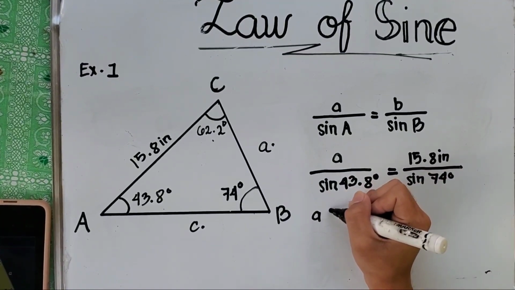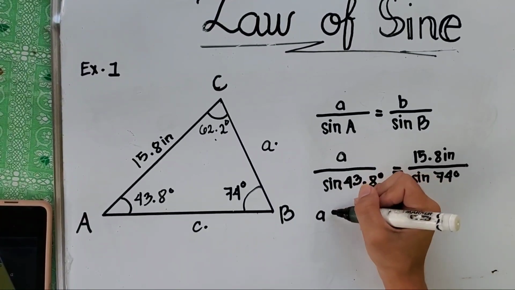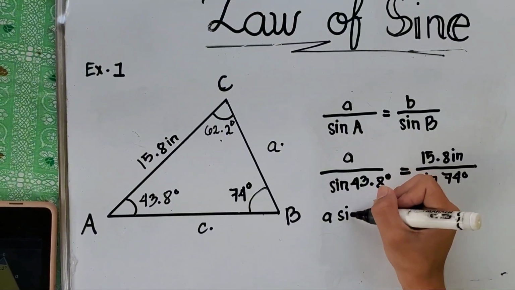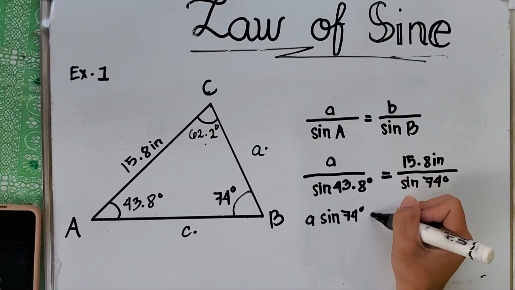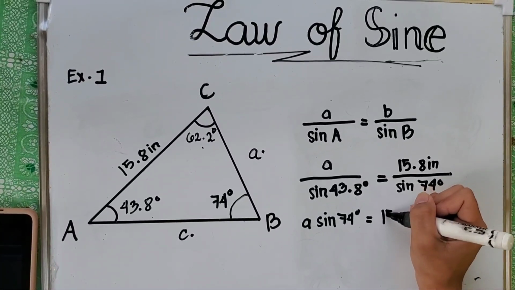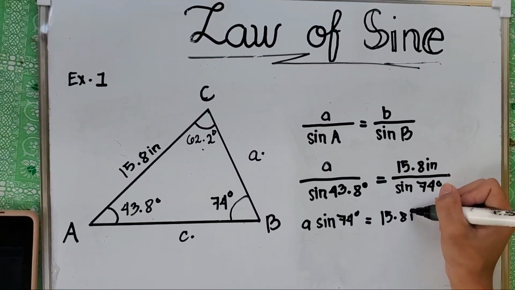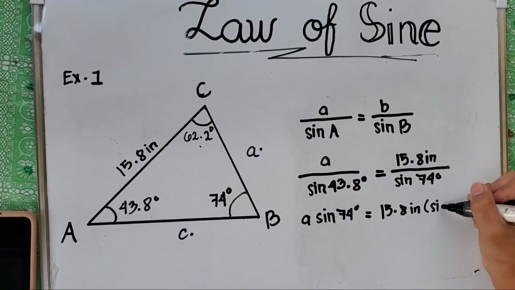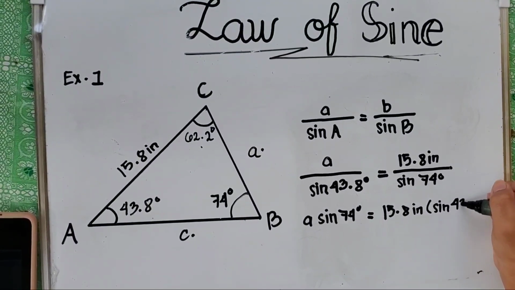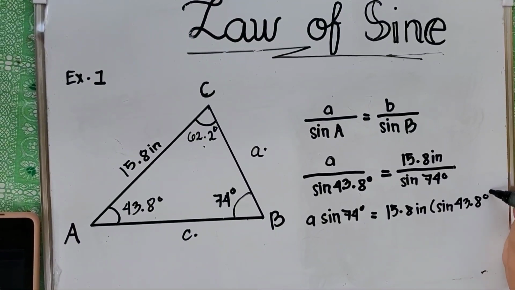A multiplied by sine 74 degrees is equal to 15.8 inches multiplied by sine 43.8 degrees.